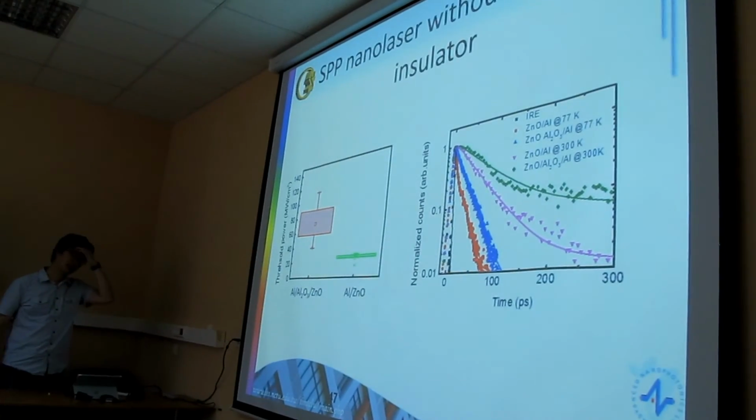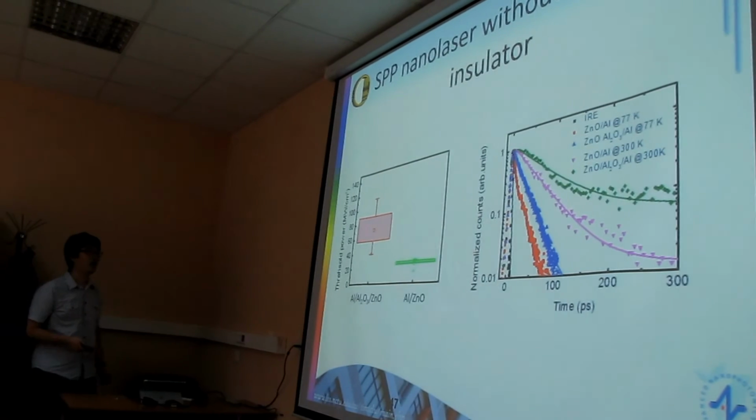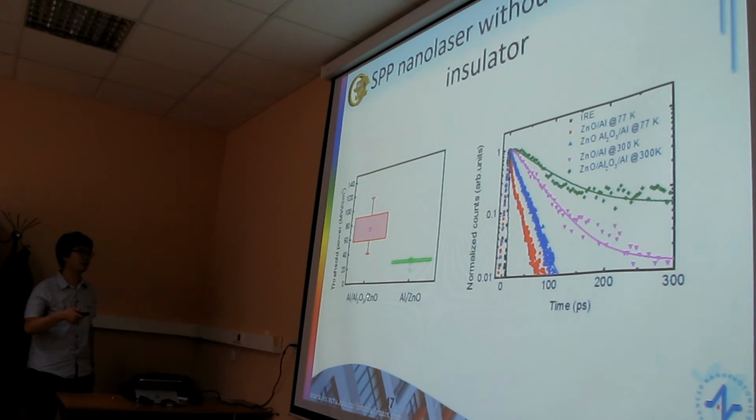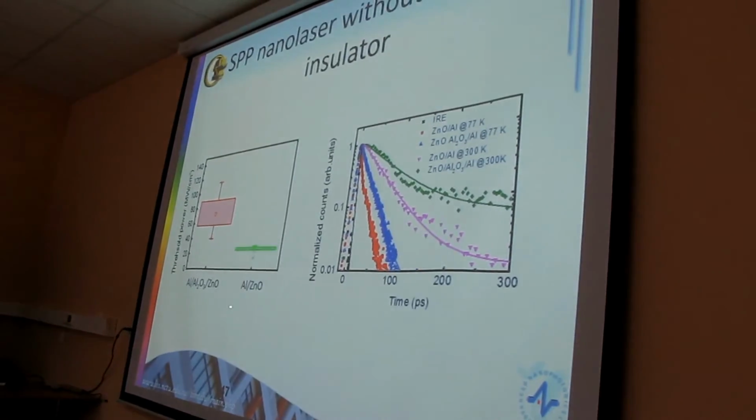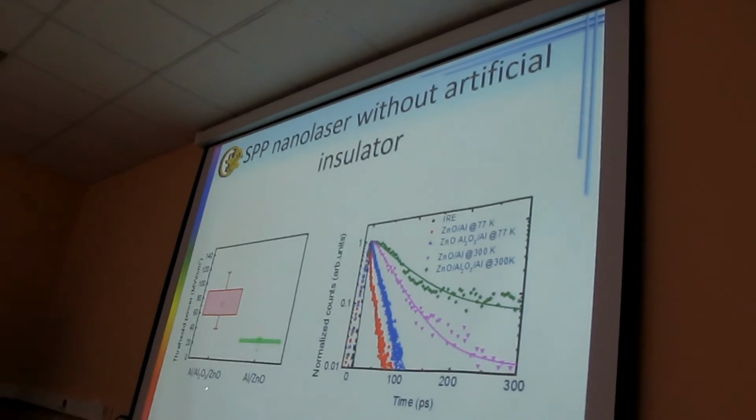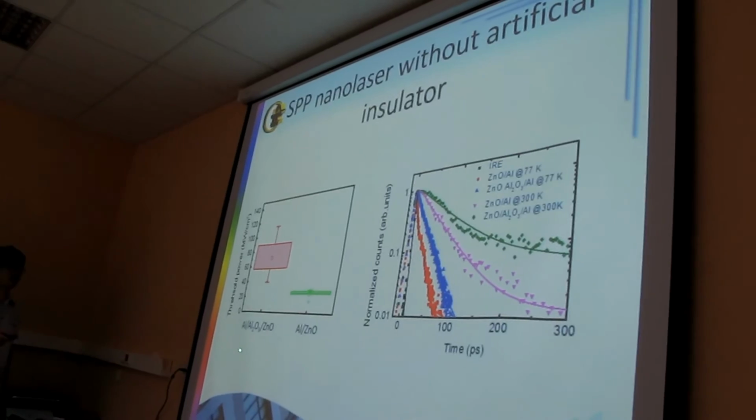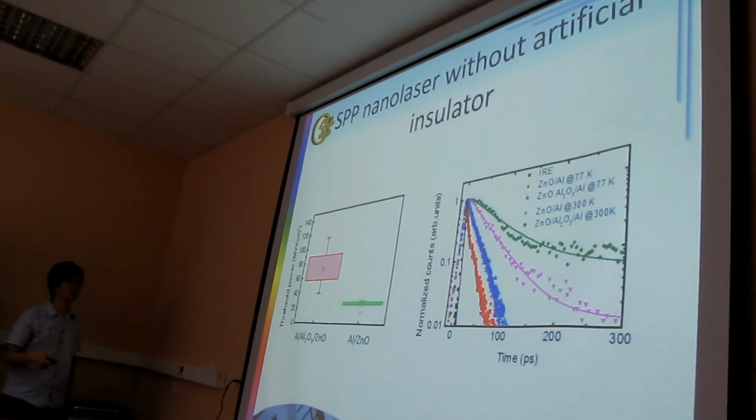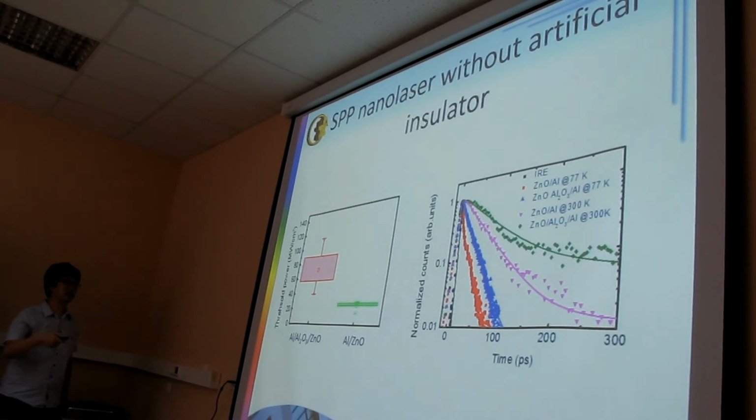This is the comparison of the zinc oxide nanowire directly placed on aluminum, and the zinc oxide nanowire placed on aluminum with the gap layers. This is the statistic diagram of those devices.